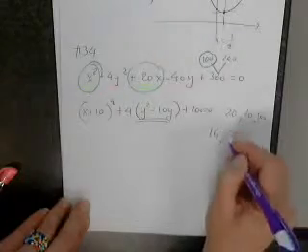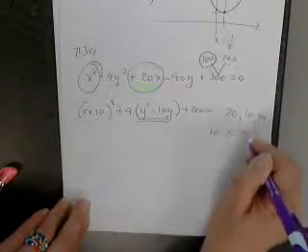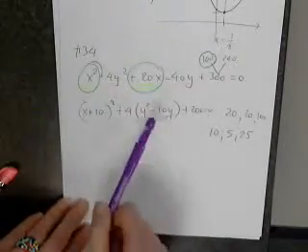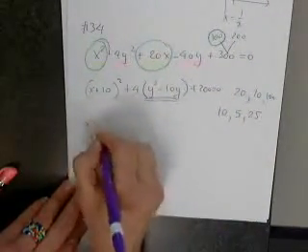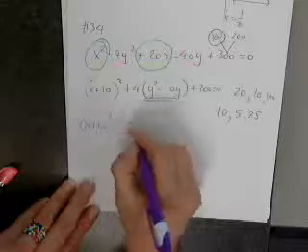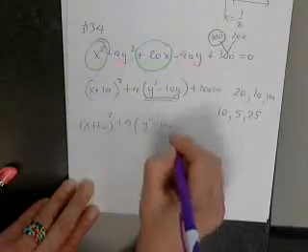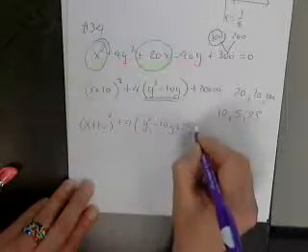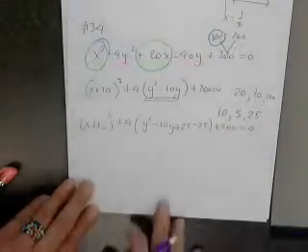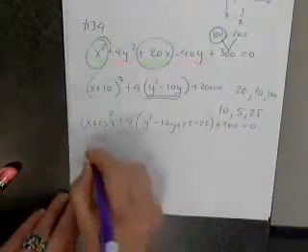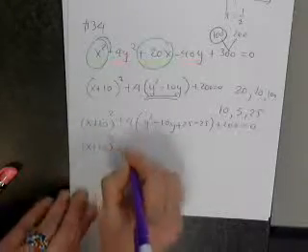I divide it by 2 is 5, and I square 5, and I get 25. So right here inside, I have to add and subtract 25. So (x plus 10) squared plus 4 times y squared minus 10y plus 25 minus 25 plus 200 equals 0.